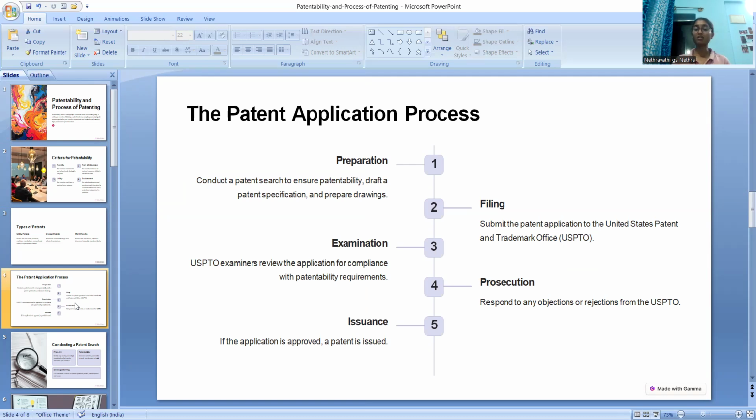Prosecution means a cross-check of whether it is an acceptable or rejectable patent file. Next comes the assurance. In this, if the application is approved, a patent is issued. If the application fulfills all the requirements, then they approve it and the patent is issued. If not, they'll go for a recheck and re-examination. This is about the patent application and the process.